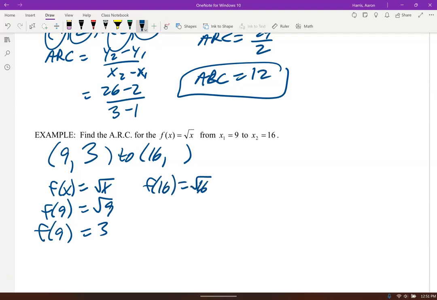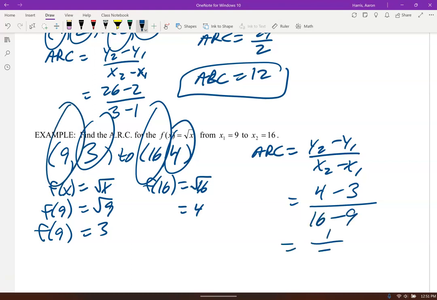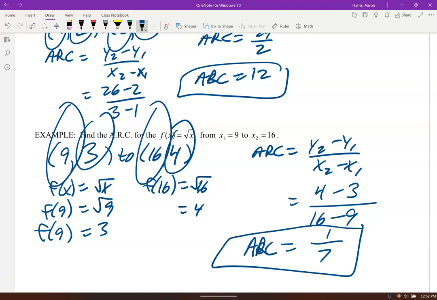The square root of 16 is 4. And now we're going to find the average rate of change, y2 minus y1 over x2 minus x1. y2 is 4 minus 3 over x2 is 16 minus x1 of 9. So I got 1/7 is my average rate of change, or my slope for this.